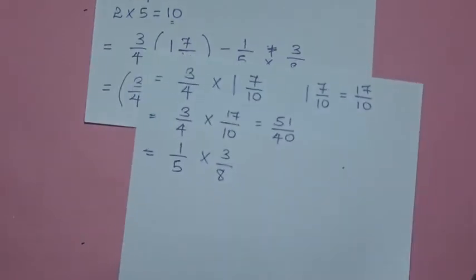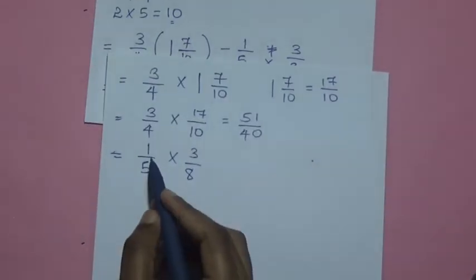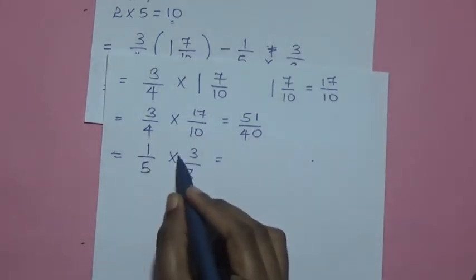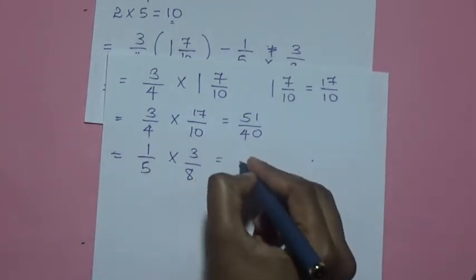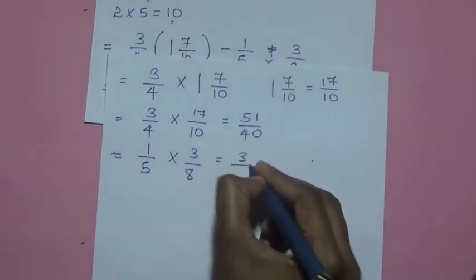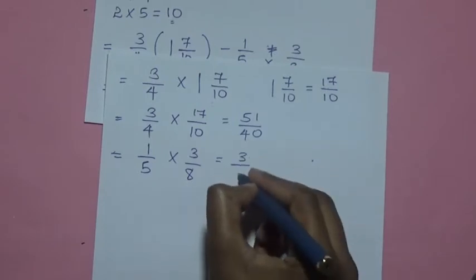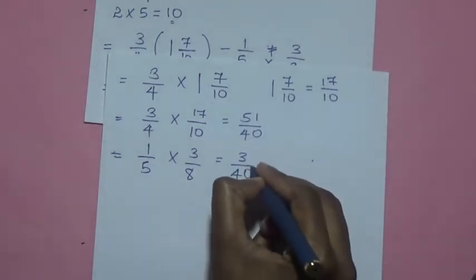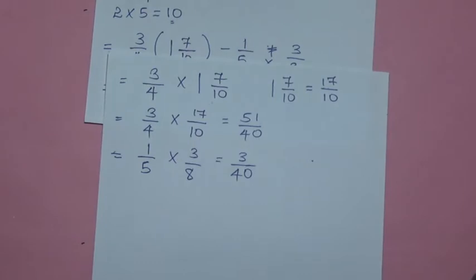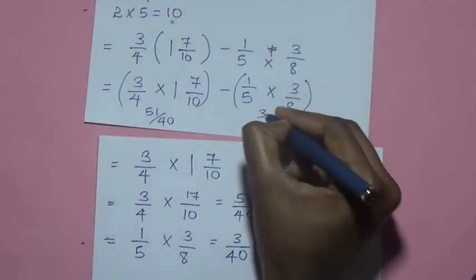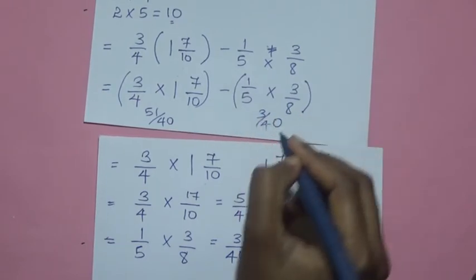So 1 multiplied by 3 gives us 3, over 5 multiplied by 8 gives us 40. So the answer here will be 3 over 40.